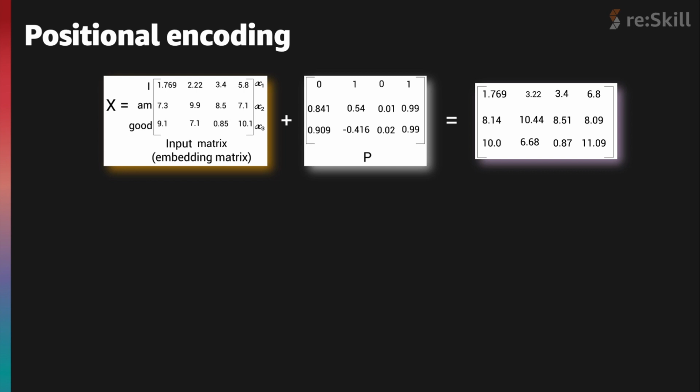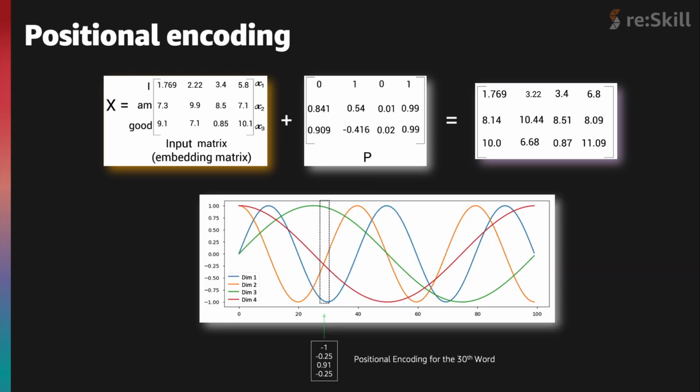With positional encoding, we give some information about the word order to the transformer so that it can understand each word's position in the sentence. As you can see here, the dimension of the positional encoding matrix P is the same as the dimension of the input matrix X. We simply add the positional encoding matrix to the embedding matrix and then feed that as an input to the network. But how does it generate this positional encoding matrix?